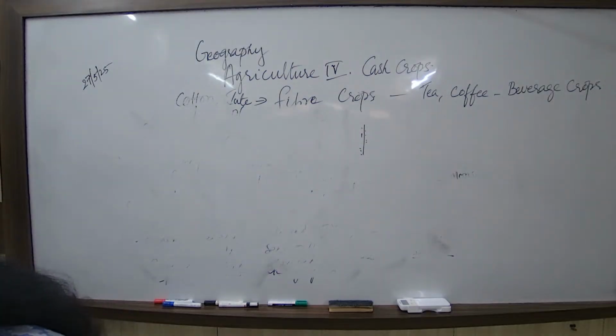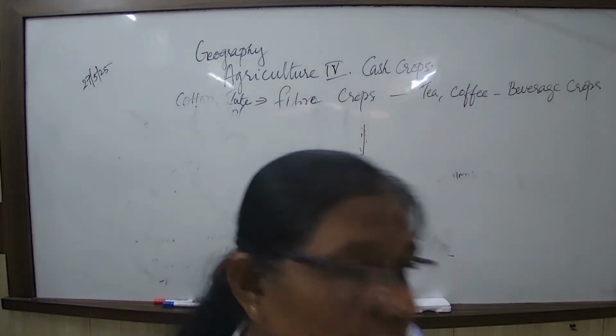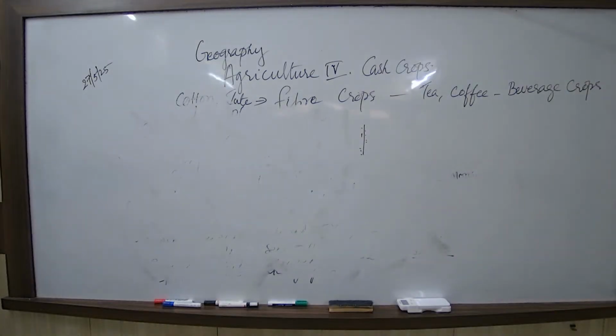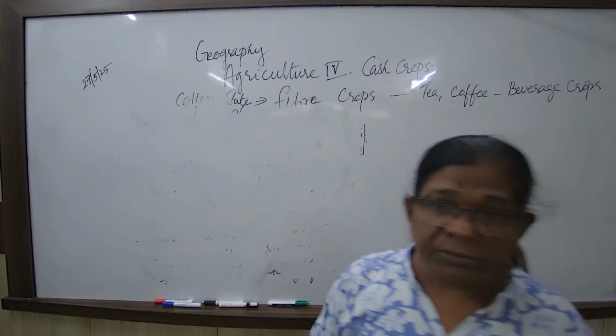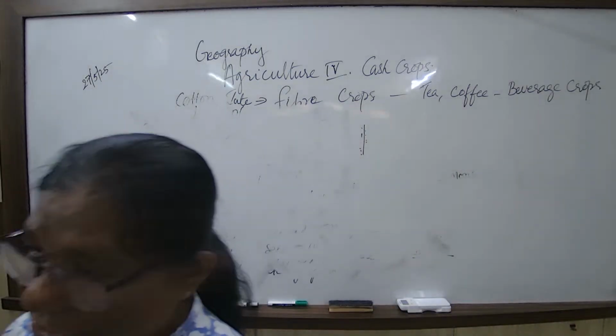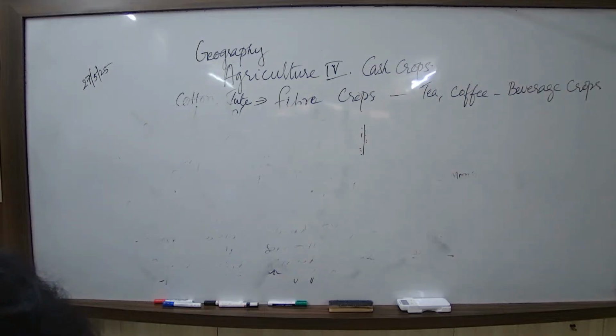Next, jute is known as golden fiber. Sometimes a question they ask indirectly: which is known as golden fiber, and why? Jute. Why? Because of its color as well as the revenue it fetches. What is it used for commercially?